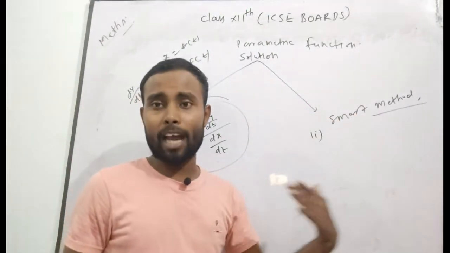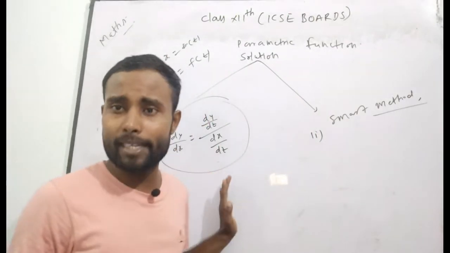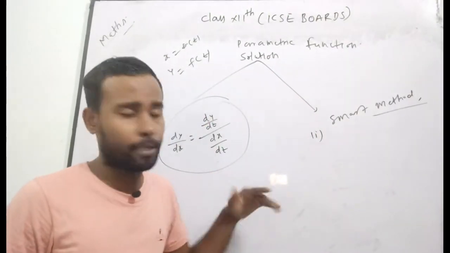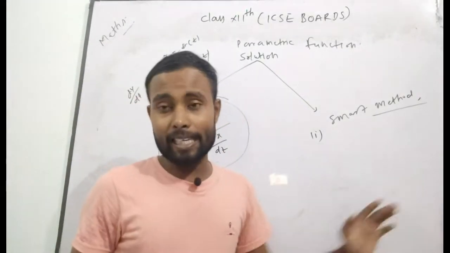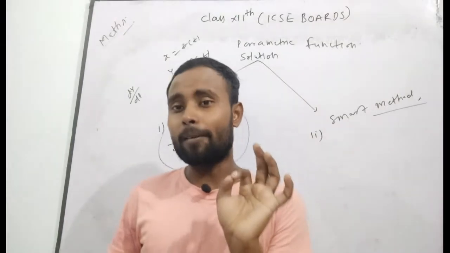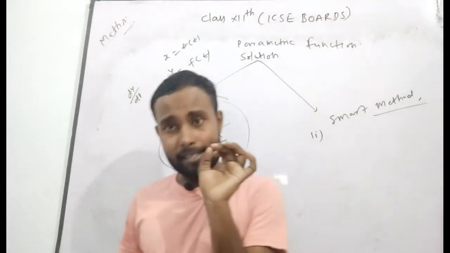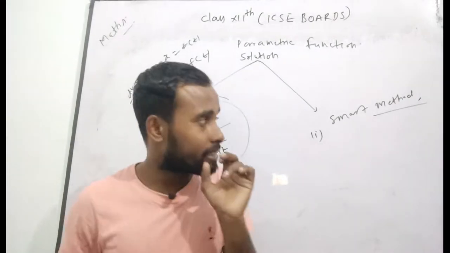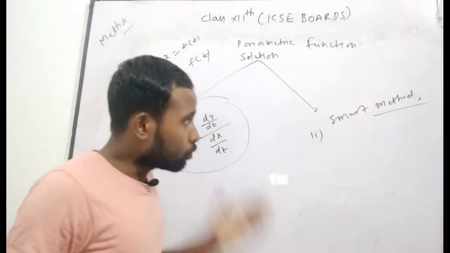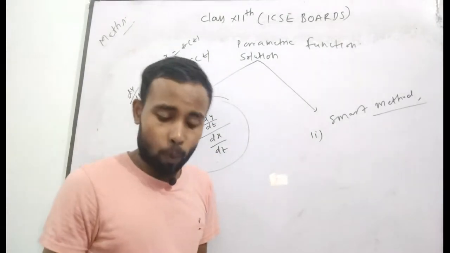In this second method, how can you proceed to find dy/dx, that means the derivative of y with respect to x? There is a very simple method. In this concept, there is a single goal, a single aim to find dy/dx. What is that goal?